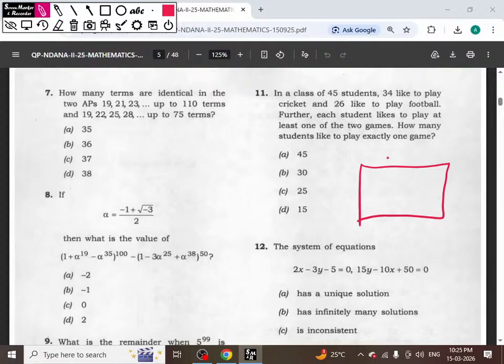Let me draw two circles. This can be the circle number 2 here.